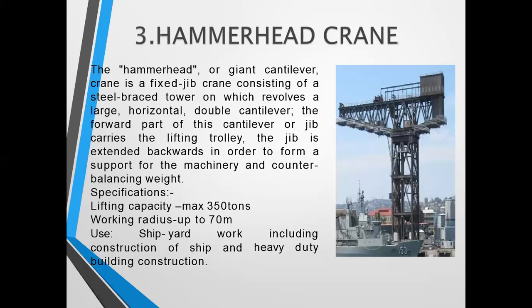Right, the forward part of this cantilever or jib carries the lifting trolley. The jib is extended backwards to form a support for machinery and counterbalancing weight. In addition to the motions of lifting and revolving, there is provided a so-called racking motion.